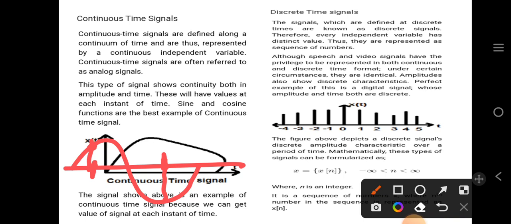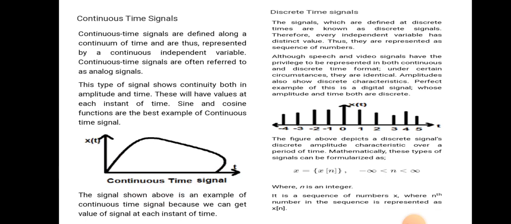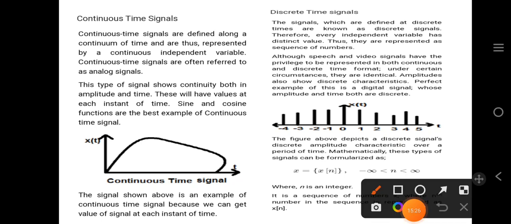The examples of continuous signals are sine and cosine functions. The signal shown above is an example of a continuous time signal because we can get the value of the signal at each instant of time. From this you can get the value at this point, at this point, at any point you can take the value. That's why this is called the continuous time signal.